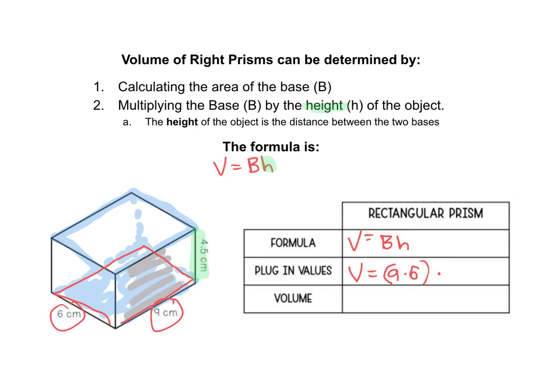That's how many of these bases we have. So multiply that by 4.5. So 9 times 6 is 54. So we're going to end up with a volume of 54 times 4.5. So our end volume is 243. And then we need our units.